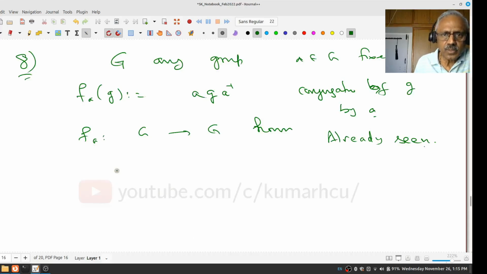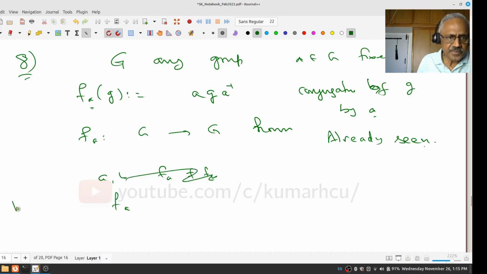And remember, for given a, f_a will be different from other. If a and b are different, f_a may be different from f_b. The first thing is I want to know, when is f_a identity?